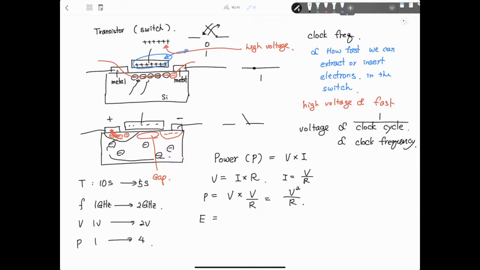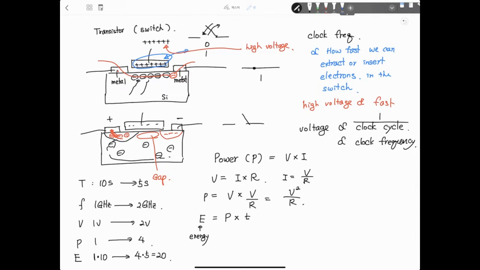Energy is power multiplied by time, right? So that's the energy. In the 1 volt case, power is 1 and time is 10, so it's like 10 watt-seconds, right? What about the 2 volt case? Power is 4 and time is 5. It's 20.